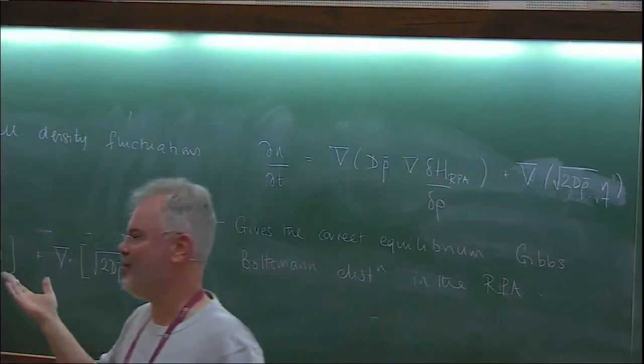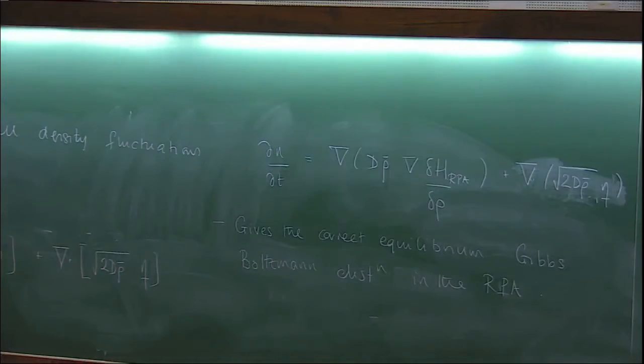Otherwise you're making an approximation, saying the fluctuations in the density are small statically and dynamically. If you were to do anything else with the noise, the theory wouldn't be consistent, because you'd write down a dynamical theory which didn't agree with the static theory.